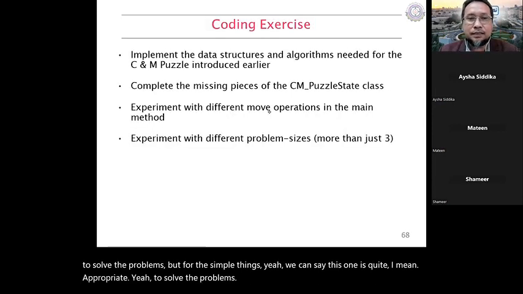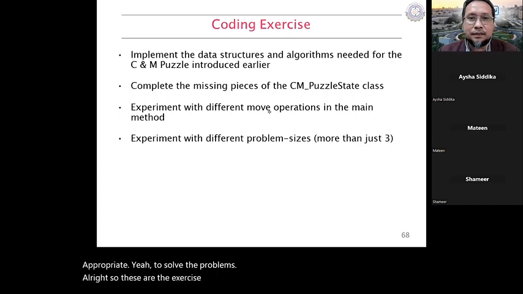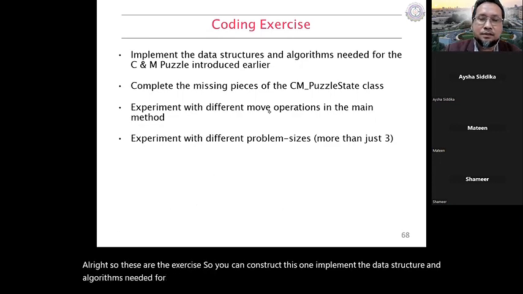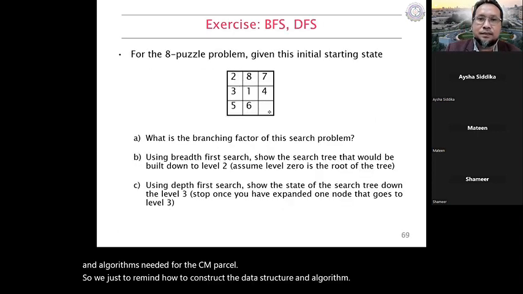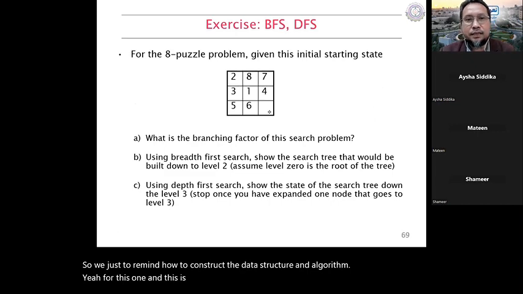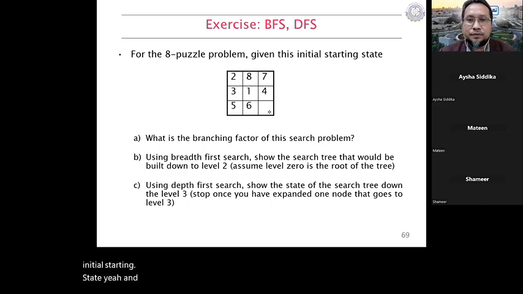All right, so these are the exercises. You can implement the data structures and algorithms needed for the 8 puzzle. This is the exercise for the 8 puzzle problem: given the initial starting state, what is the branching factor of such a problem?